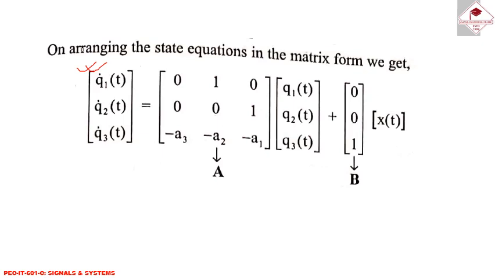As in the previous case, we use the matrix representation of the equation, so it can be written as 0 1 0, then 0 0 1, then minus a3, minus a2, minus a1, associated with q1, q2, q3. The last part, which is associated with x(t), is denoted by B. In this way we can arrange the state equation in matrix form.